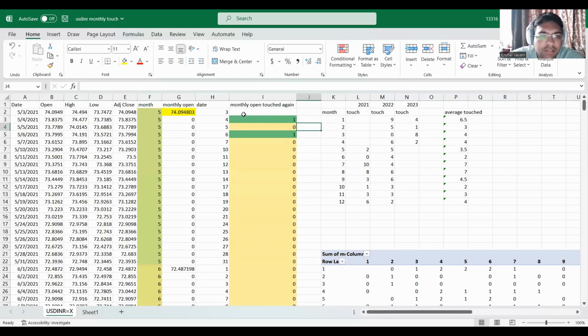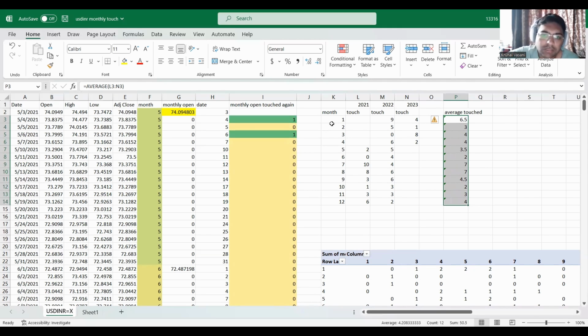Let's say in the fifth month, it has touched 2 times, so I've written 2 over here. Similarly for 5, 6, 7, 8, 9 of 2021, it has touched this many times; in 2022, this many times; and in 2023, this many times. On average, I have written over here how many times it has touched the given monthly open.